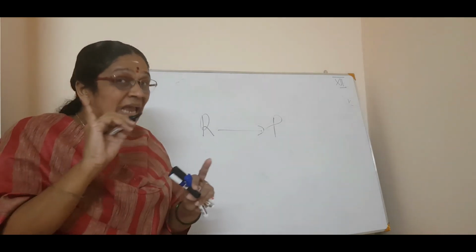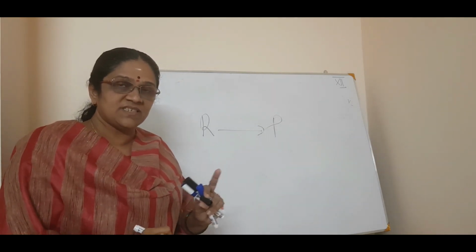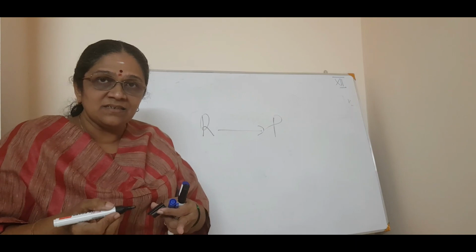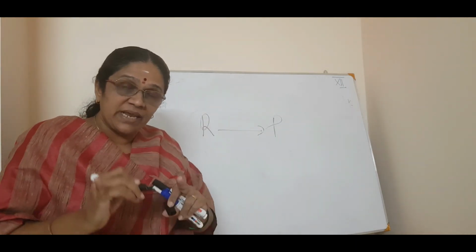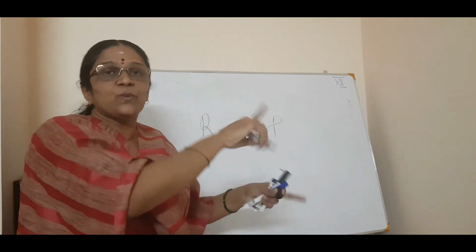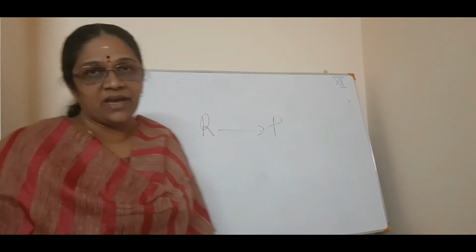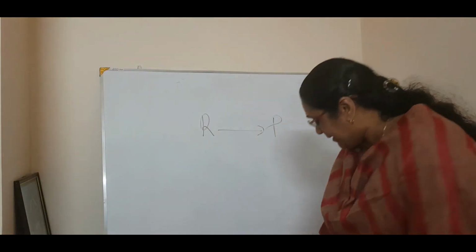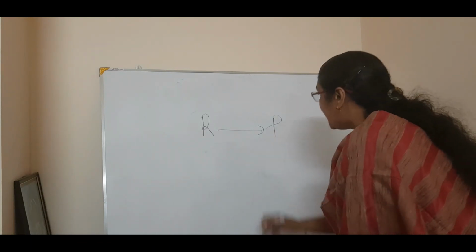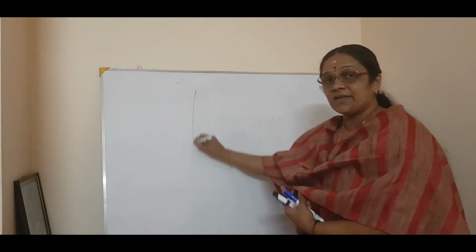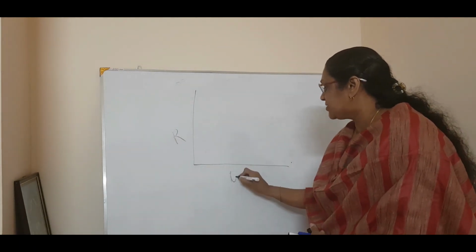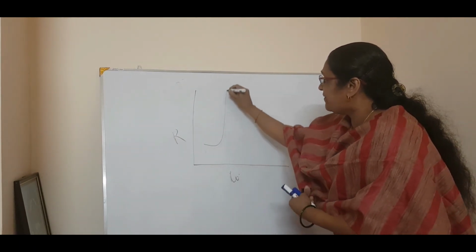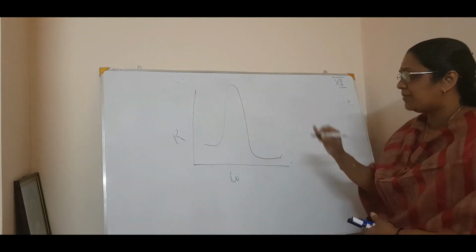It has to go through an energy barrier, and only then will it convert into a product. I will just draw a graph for that, with the reactants and the reaction coordinate and products. It's a very, very, very important graph.